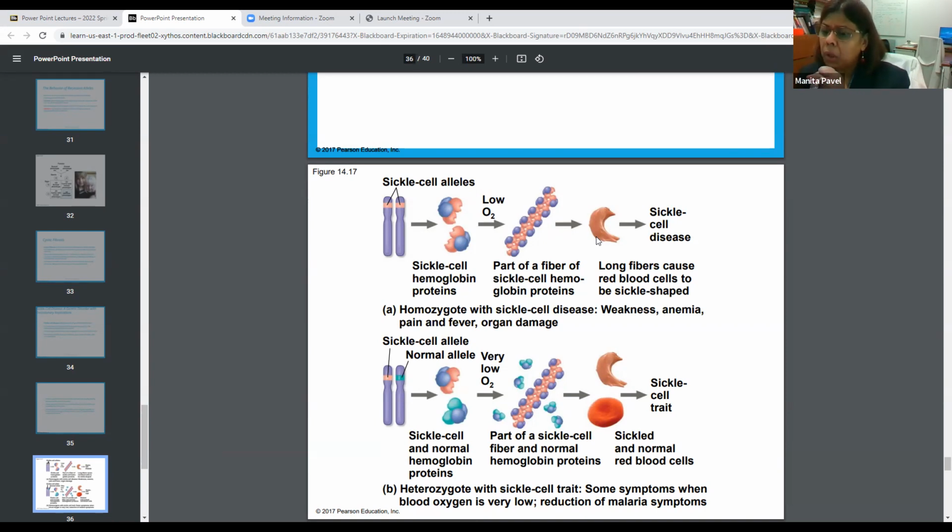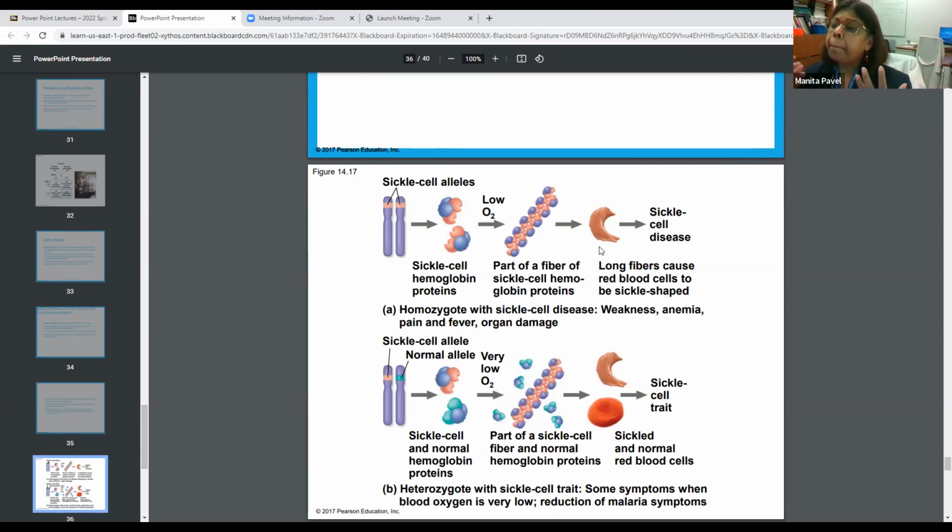So what happens? No oxygen can pass. There is deprivation of oxygen to the tissues, to the different organs and organ systems. And as a result, these individuals will die. And all this is on account of the substitution of one amino acid, glutamic acid, with valine.